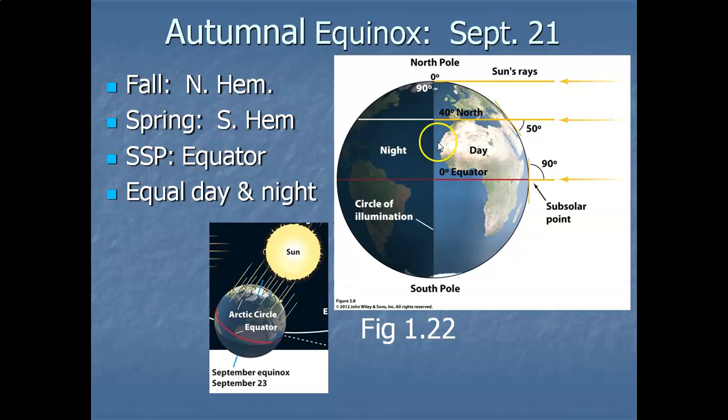Again, they've eliminated the tilt of the Earth's polar axis in this diagram. It's still there. It's just the view that we're taking, a side view. And you can actually see the circle of illumination matching up with the North Pole, and areas above the Arctic Circle are experiencing equal periods of night and day.